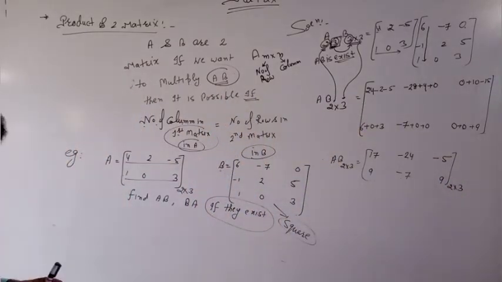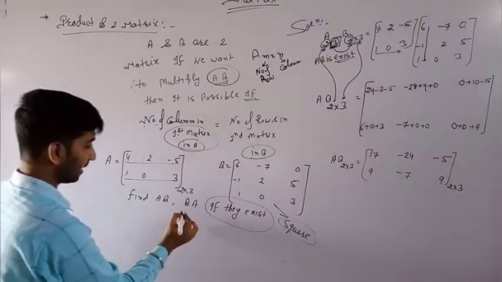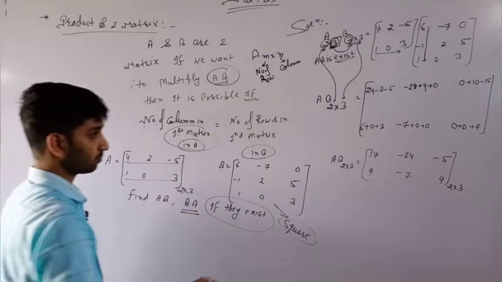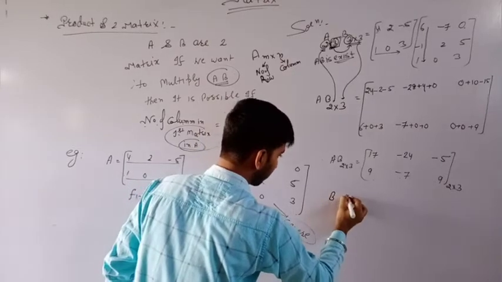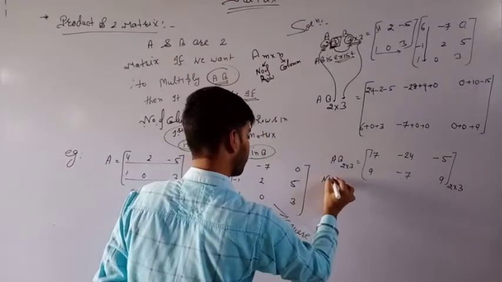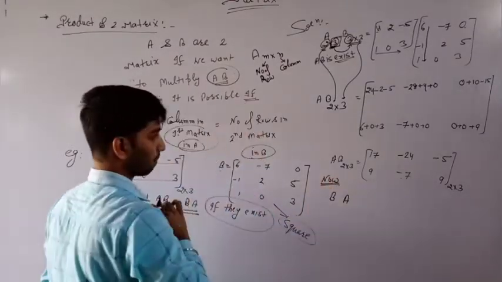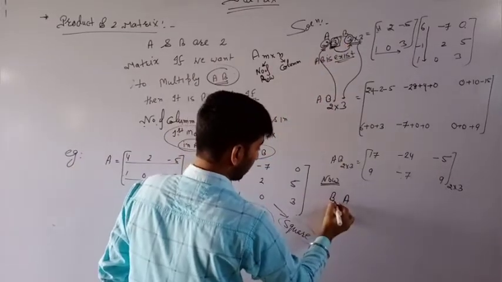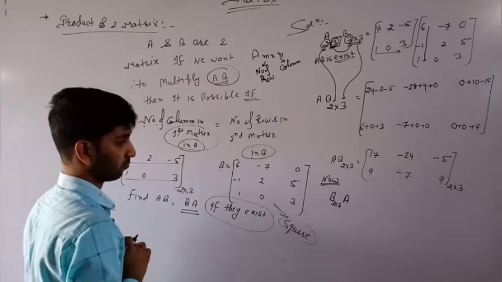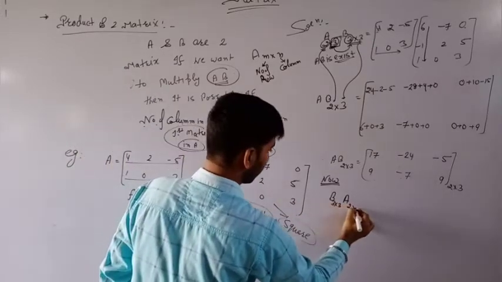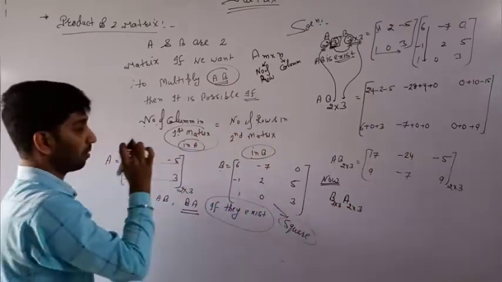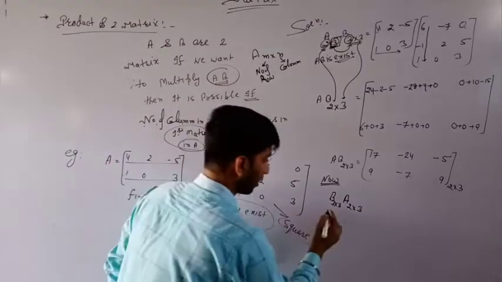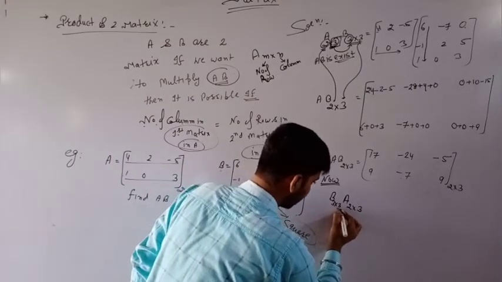Now we will discuss the existence of BA. If BA exists, then we will find BA. Now, the order of B is 3 multiply 3 and the order of A is 2 multiply 3. Multiplication of two matrices is possible if the number of columns in the first matrix is equal to the number of rows in the second matrix.